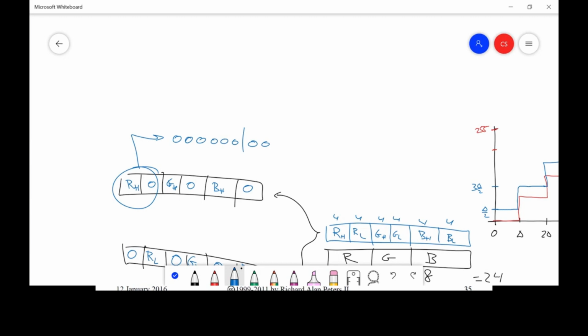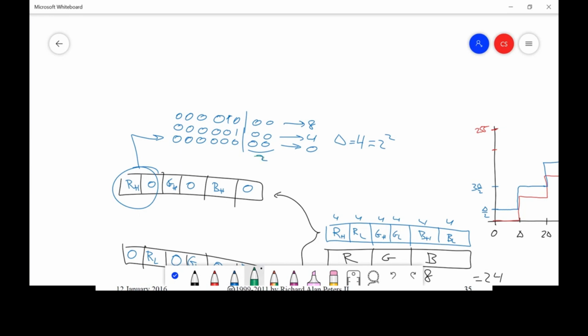What is the next one? This is number 0. The next one is 0, 0, 0, 0, 1, and then 0, 0. This is number 4. And then the next one will be this one here, 1, 0, 0, and this is number 8. And so on. So what is my delta in gray values? My delta is 4. Actually, 4 is 2 to the 2, and this 2 is coming from here.